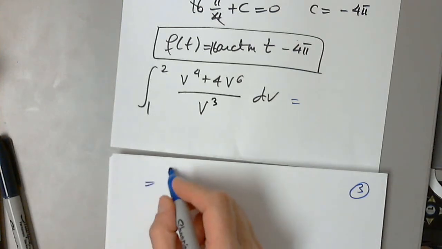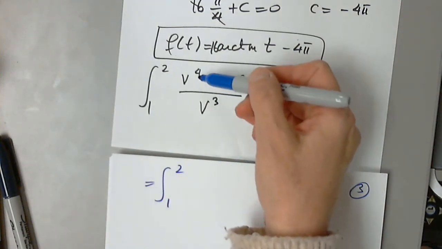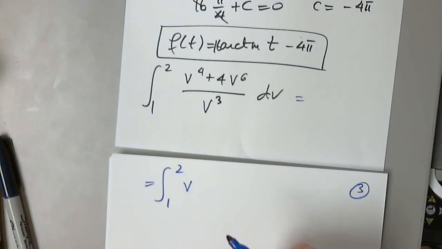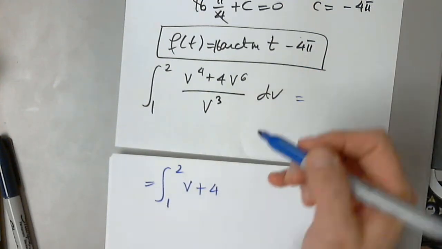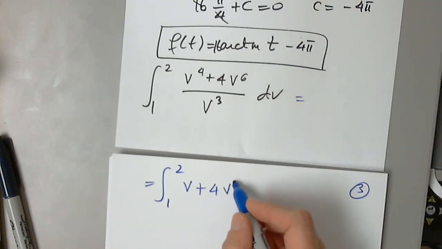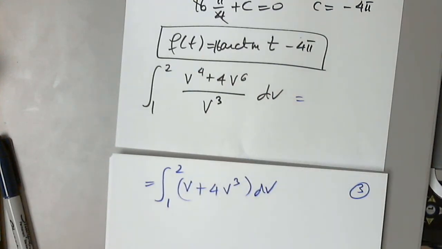So then the integral becomes from 1 to 2, v to the 4th over v to the 3rd is v, plus 4 v to the 6th over v to the 3rd is v to the 3rd. And now, obviously, from this point on, it's not a big deal. So what happens next? I have to find the antiderivative, and after that, I just plug in the upper limit, minus when I plug in the lower limit.